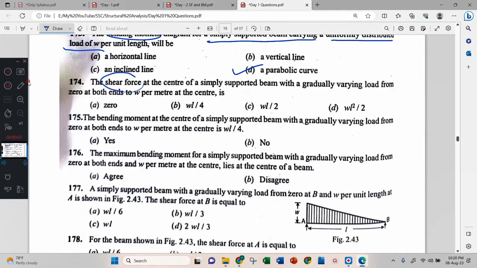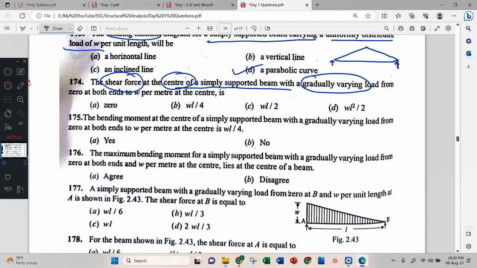Shear force at the center of the simply supported beam with gradually varying load, from 0 at both ends and W at the middle.